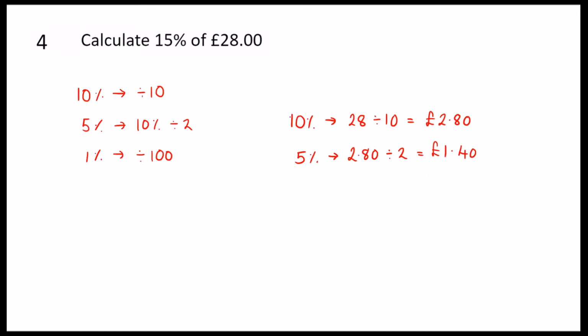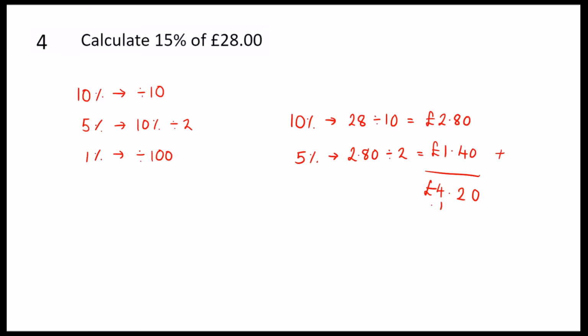Now, because there's one 10 and one 5, I can simply add these two answers together. So 0 add 0 is nothing, 8 add 4 is 12, 2, 1, and the 1 that I carried over gives me £4.20. Now, this one's particularly nice because the 10 and the 5 we simply add together to get 15.